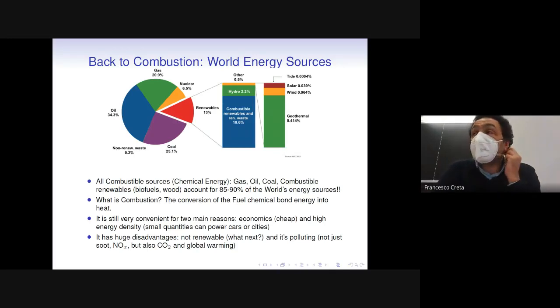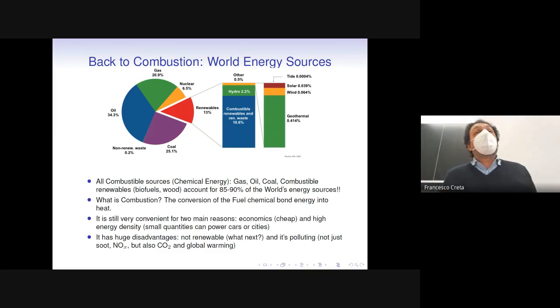Which doesn't mean that we should stop burning stuff. But clearly, we should at least try to stop burning fossil hydrocarbons. By fossil, I mean fuels that come from fossil reservoirs, from one of the natural reservoirs.